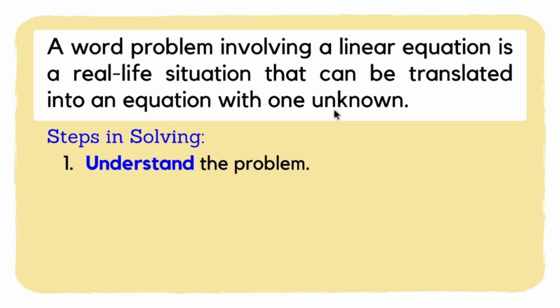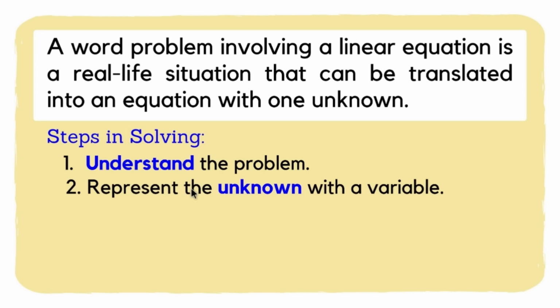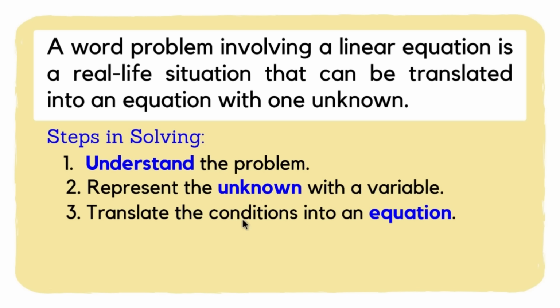First is yung understanding the problem. So, in order for us to understand the problem, we have to read the problem carefully, i-identify natin yung mga unknown, yung mga given, and so on. Next one is to represent the unknown with a variable. So we are going to choose a variable na gagamitin natin to represent the quantities. And here, we are going to translate the condition into an equation. So i-formulate lang natin yung equation para ma-solve natin yung variable.